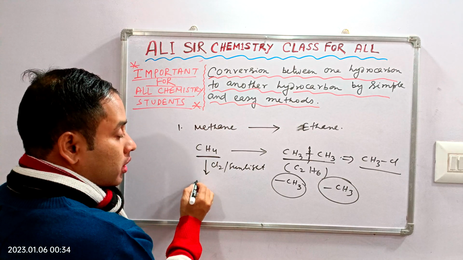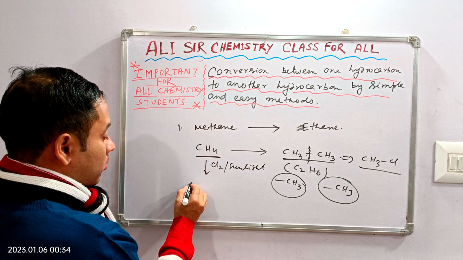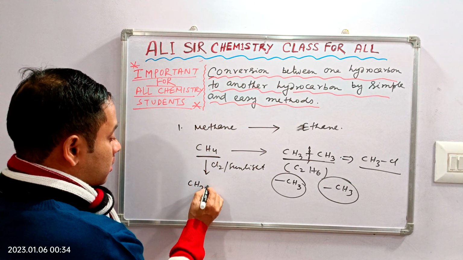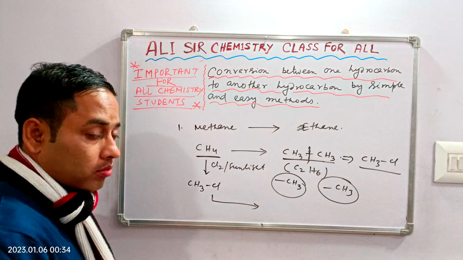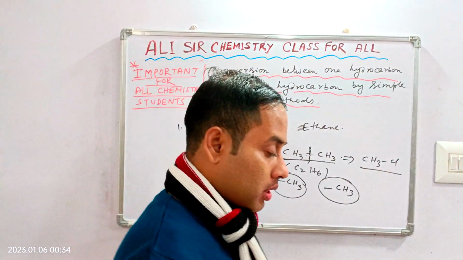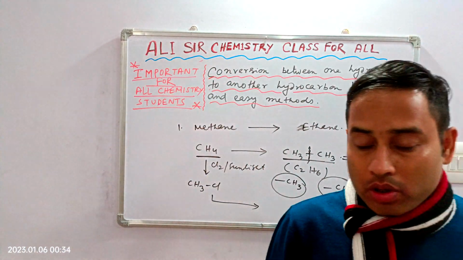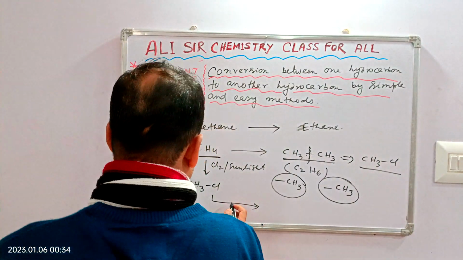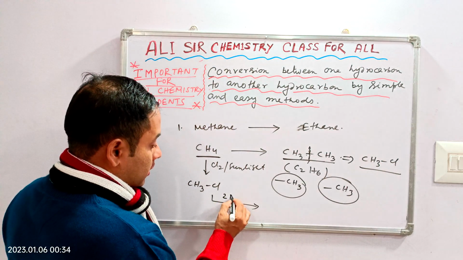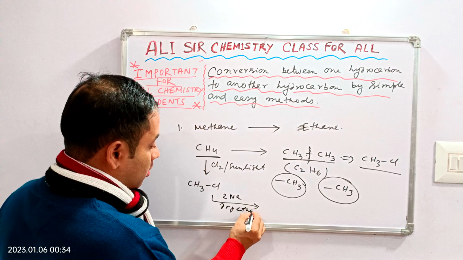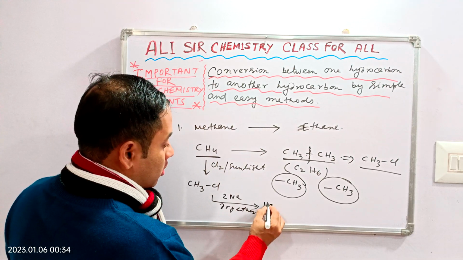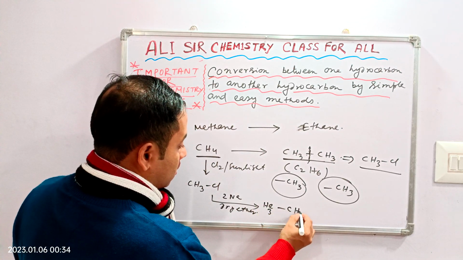If you use chlorine in the presence of sunlight, what will you get? We will get CH3Cl, methyl chloride. Now it becomes easy. We have already obtained methyl chloride. Now we use the Wurtz reaction: 2Na, dry ether. You will easily get CH3-CH3.